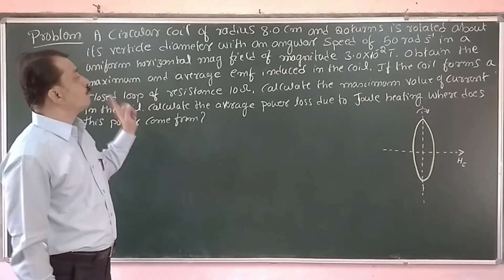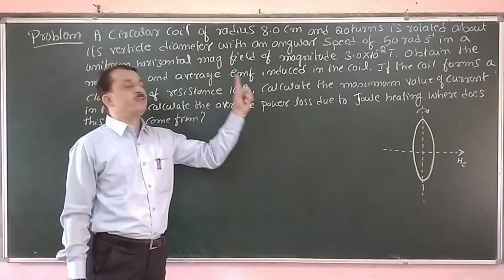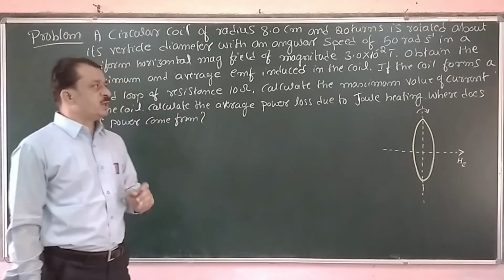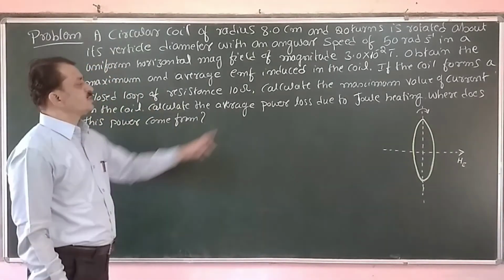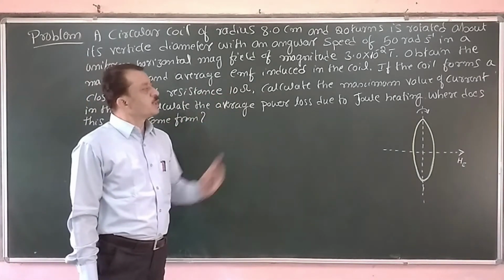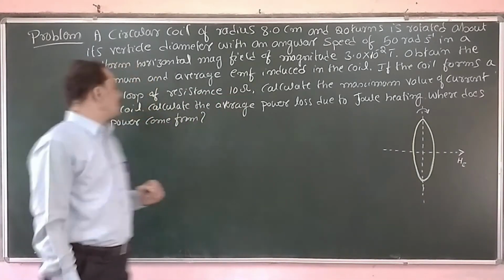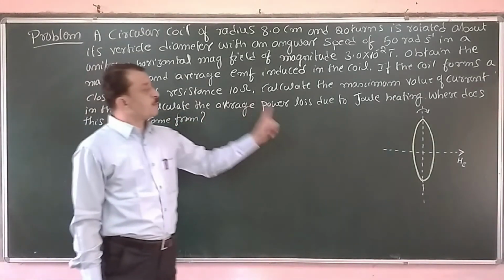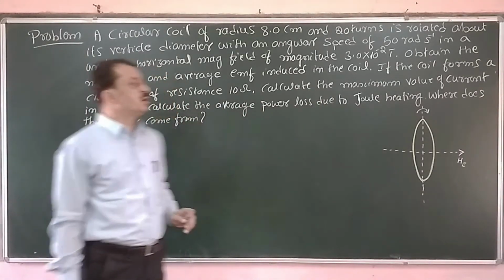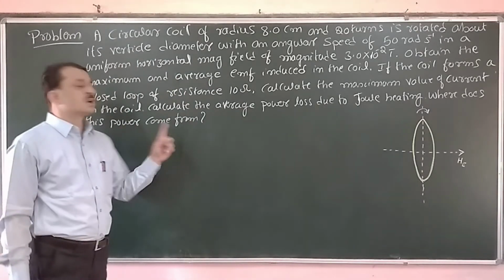Obtain the maximum and average EMF induced in the coil. If the coil forms a closed loop of resistance 10 ohm, calculate the maximum value of current in the coil. Calculate the average power loss due to Joule heating. Where does this power come from?